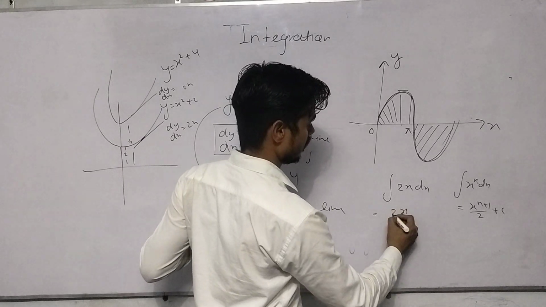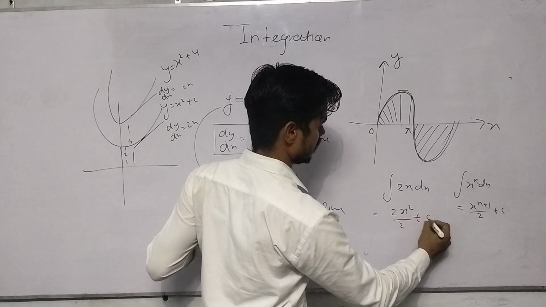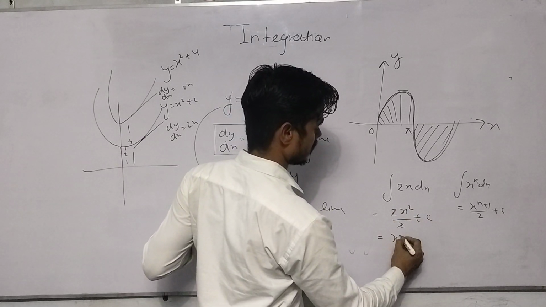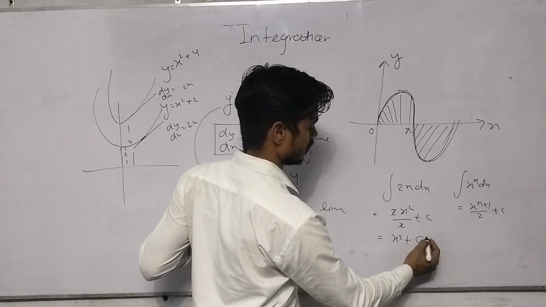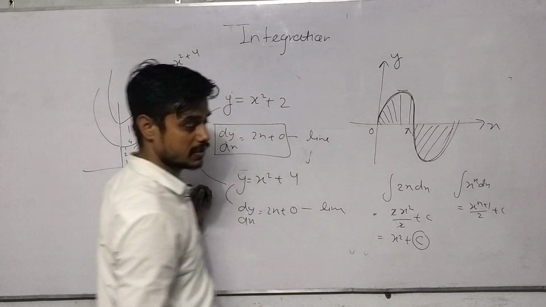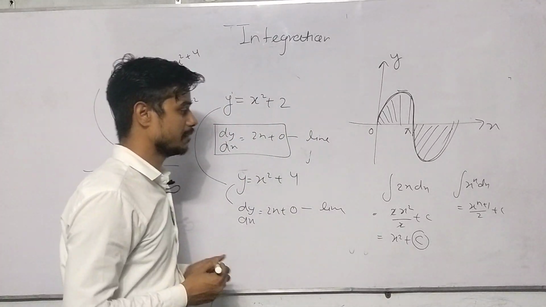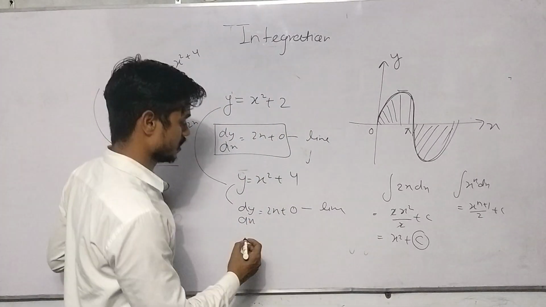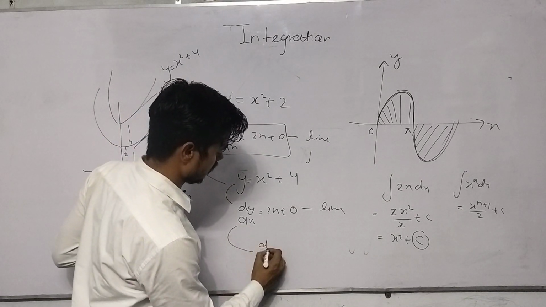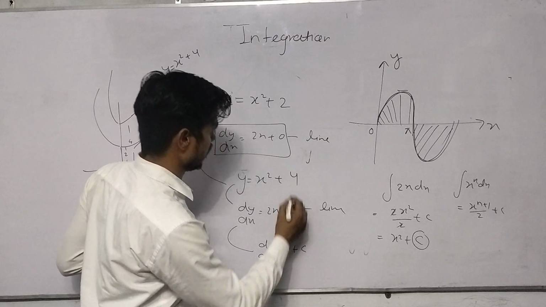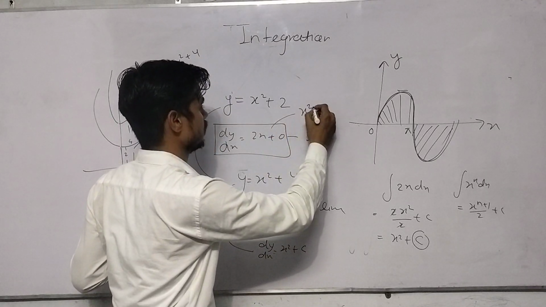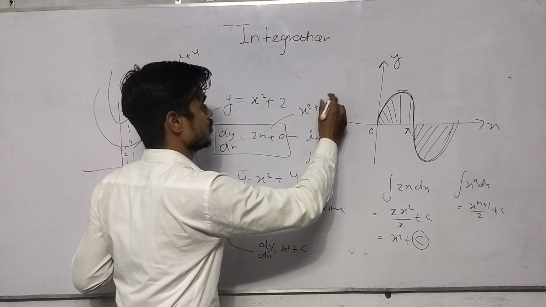In that same way, the integral of 2x is x square plus c. So when we integrate this equation, y becomes x square plus c, and the other equation becomes the same way.